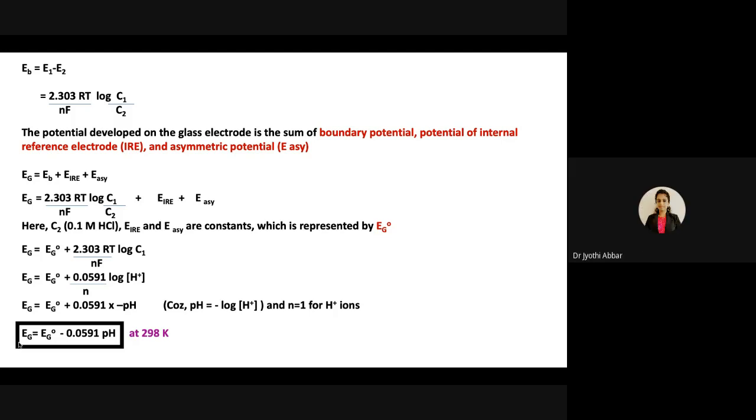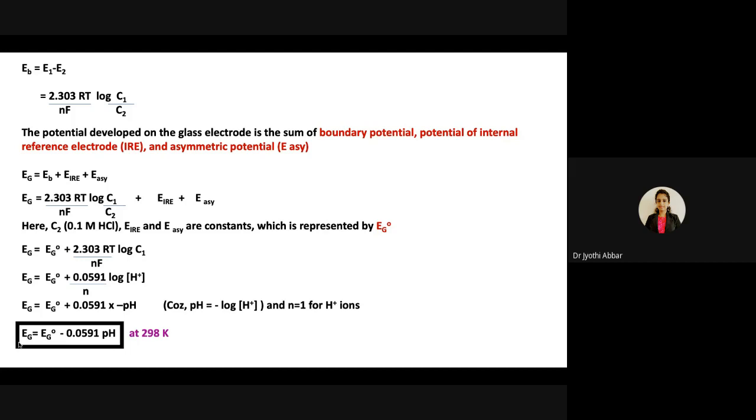Now coming to the advantages of this electrode. This electrode can be used to determine pH in the range of 0 to 9 accurately. If we want a higher range of pH, we have to select a very special type of glass, and then we can measure pH up to 12.